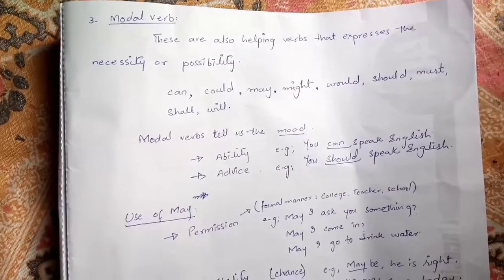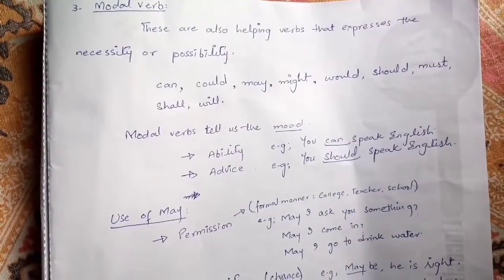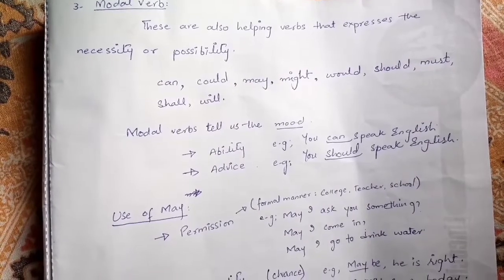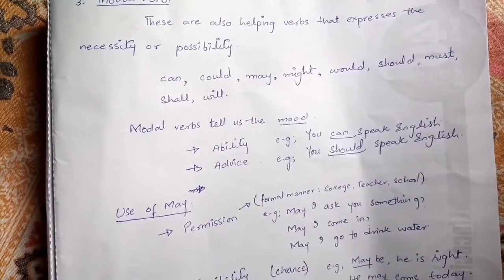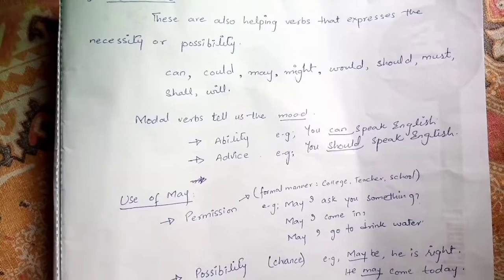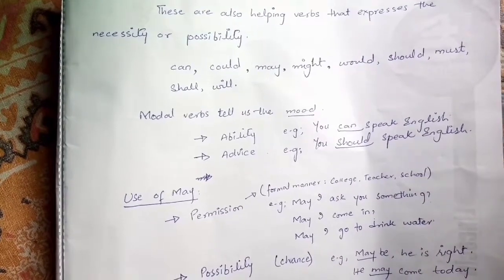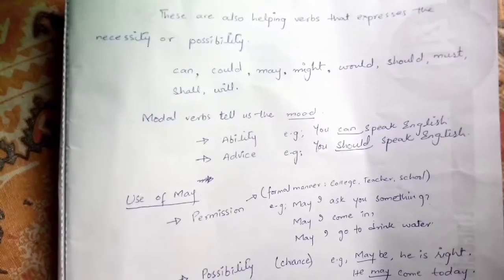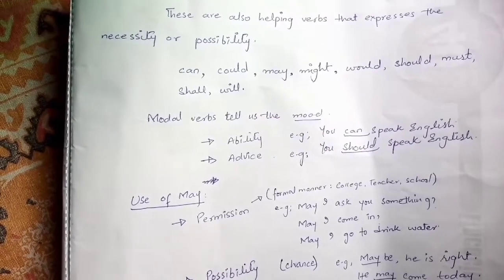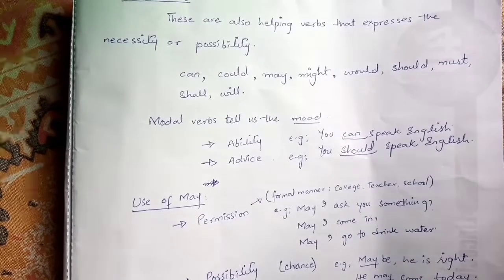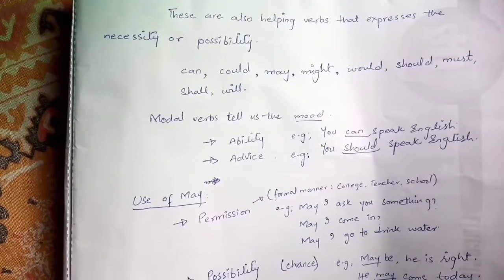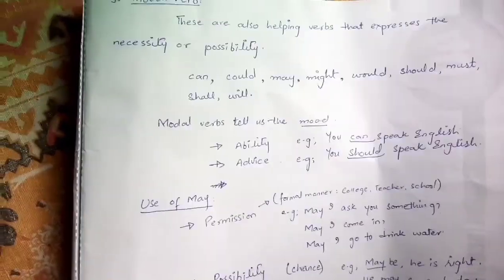The next type is modal verbs. These are also helping verbs that express necessity or possibility. Modal verbs always tell us the mood, what is in our heart, what we want to say. If you're giving advice, or you want to deliver your idea to the other person.